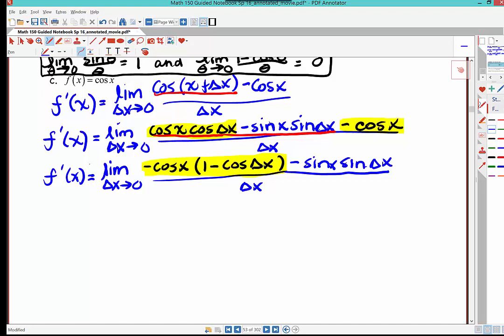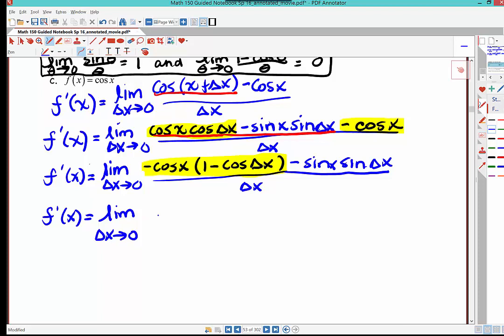Good so far? Okay, so putting this in the format that we need, we'll have the limit as delta x approaches 0. Now recall that the limit of a difference is the difference of the limits, okay?